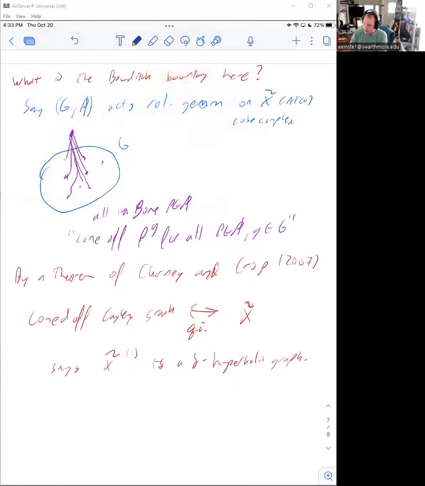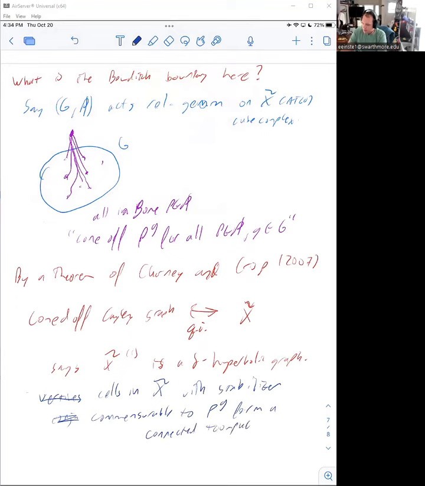Another thing that's nice to note is that vertices, I should say cells, in X twiddle with stabilizer, I should say commensurable to P to the G, form a connected and compact graph.